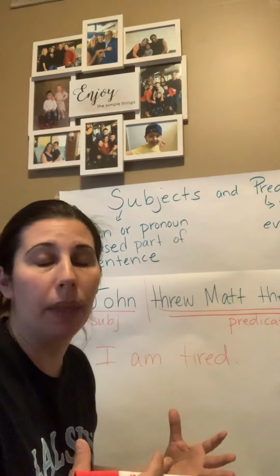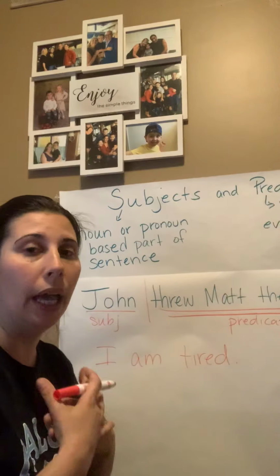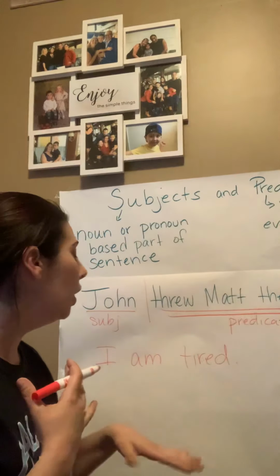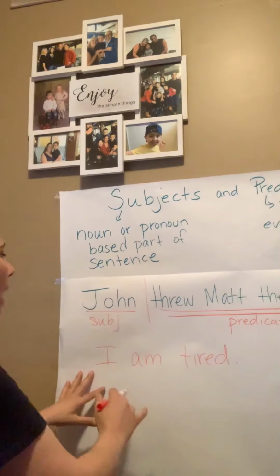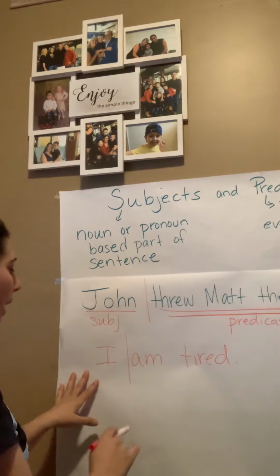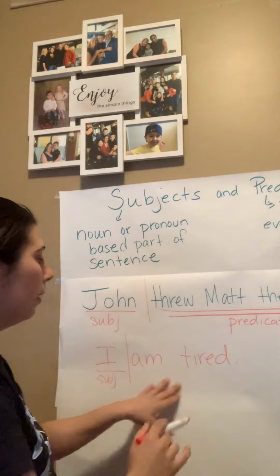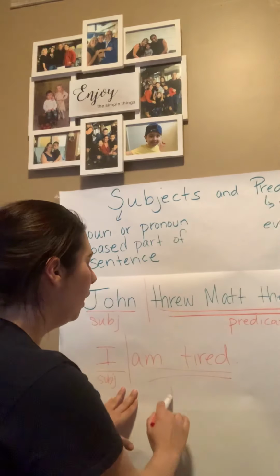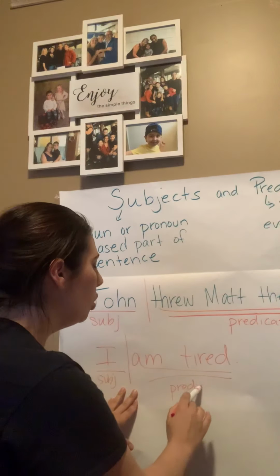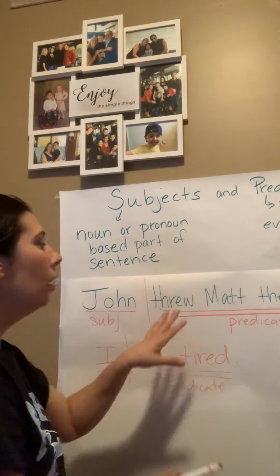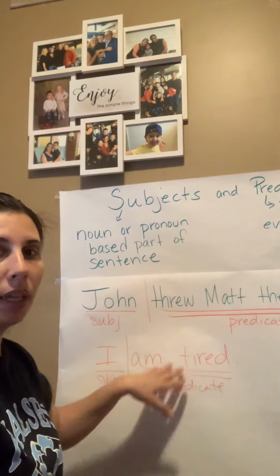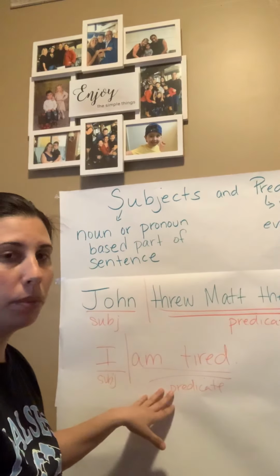You can't "am" something, but it's a state of being, meaning I feel this way. So I am tired. Again, this is where I split it, I being the subject and am tired being the predicate. So you do it with both action verbs and linking verbs.